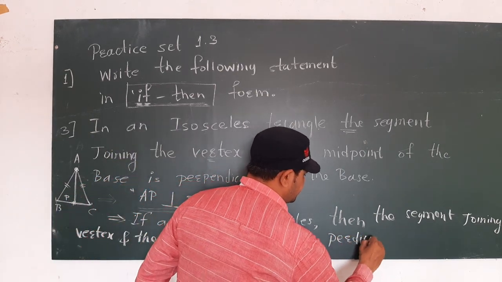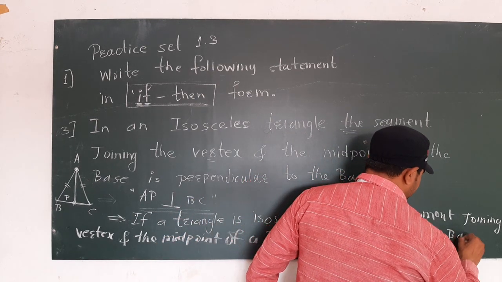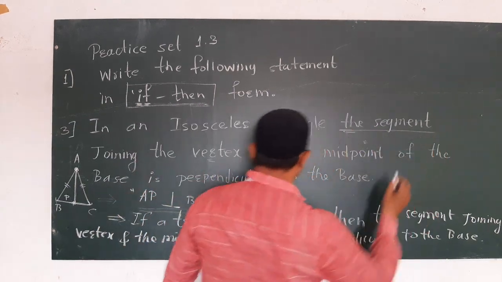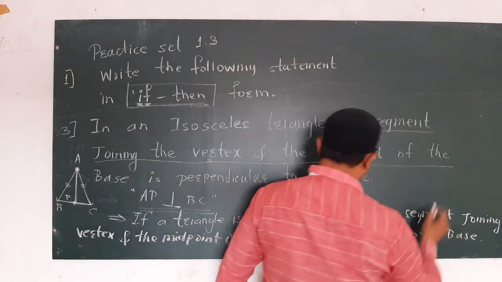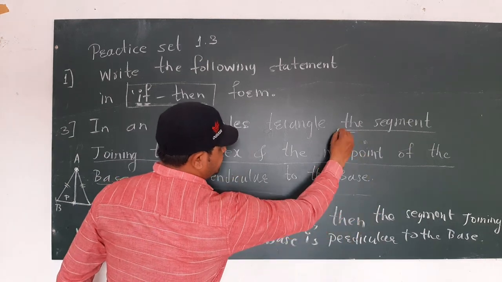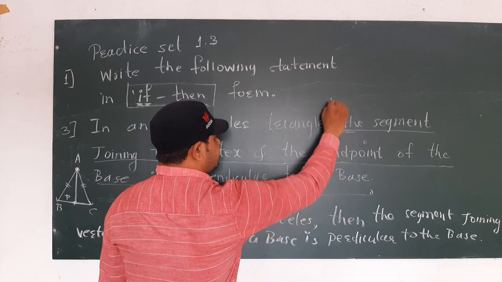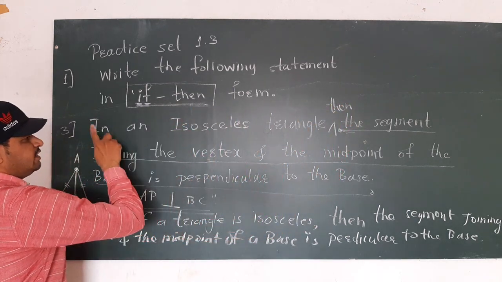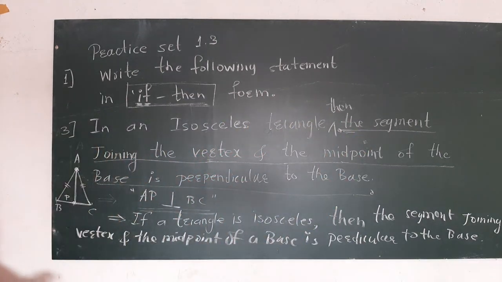So students, see here I have written the same line, the segment joining the vertex and the midpoint of the base is perpendicular to the base. I have repeated it as it is, only we have put here then, and if a triangle is isosceles at the start. If a triangle is isosceles, then the segment. This is very simple. Thank you.